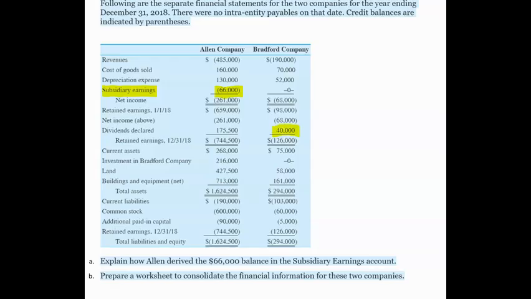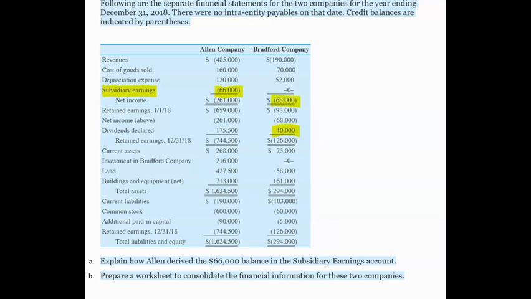So the two numbers are different, which means that Allen Company is not using the initial value method. Well, if Allen Company used the partial equity method, then the subsidiary earnings should equal the reported net income of Bradford Company, which is $68,000.